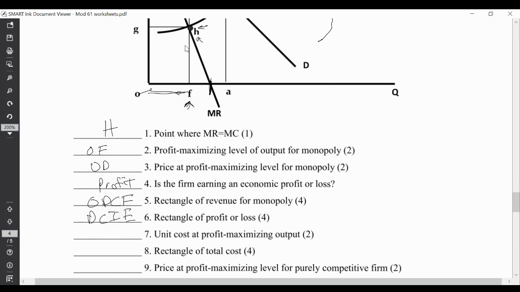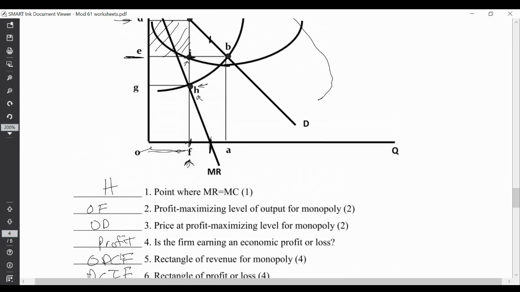So, what does it say? The unit cost at the profit maximizing output. Yeah, the cost would be E at level E, or we could say from F right here to I. We could say E, or we could say F to I. And then it says, what is the rectangle of the total cost?